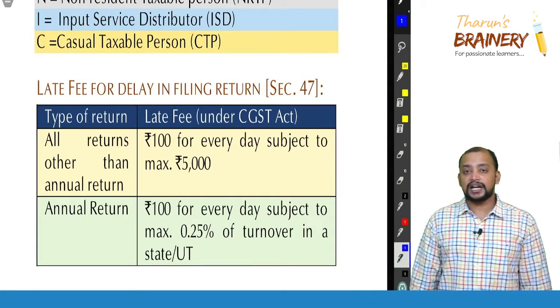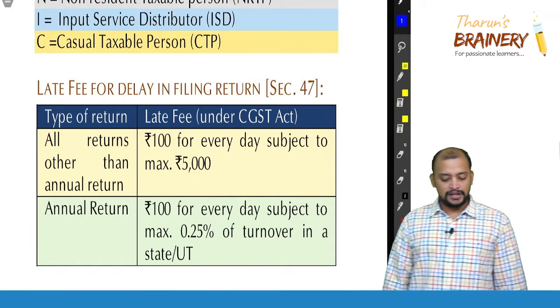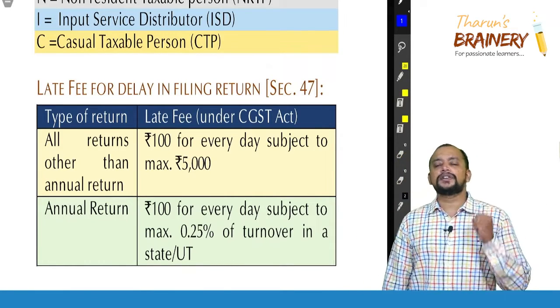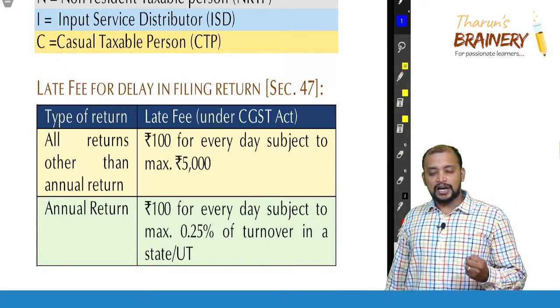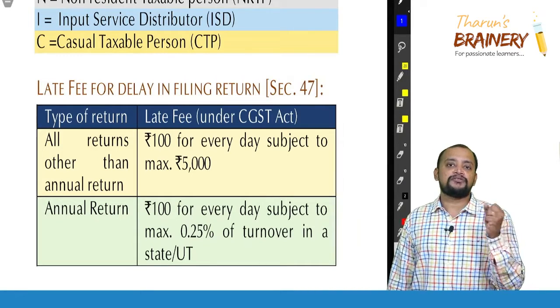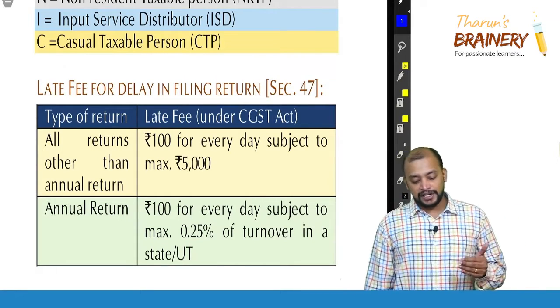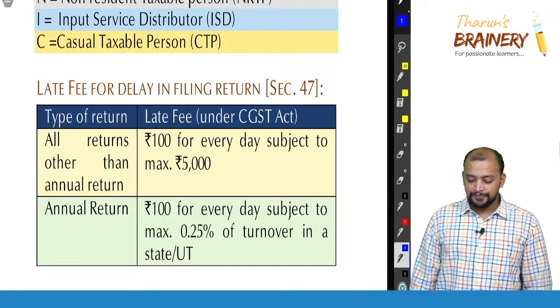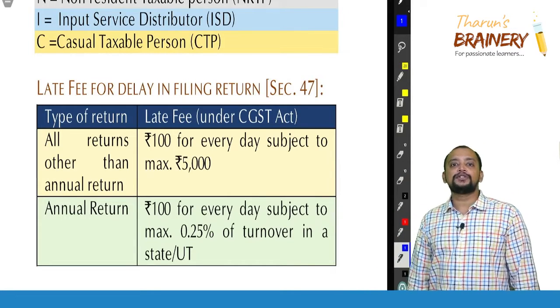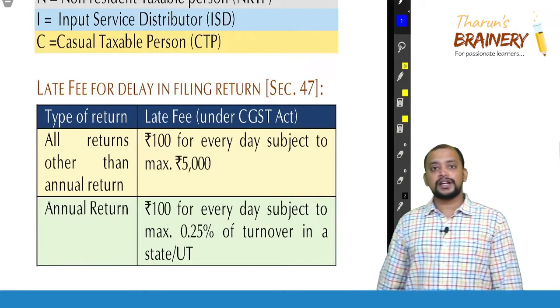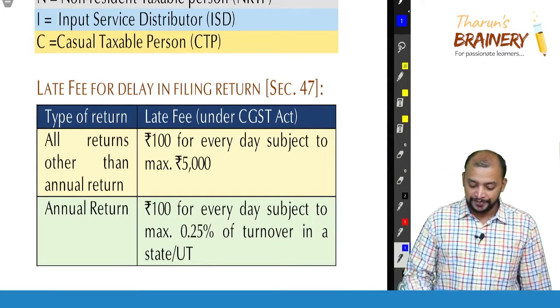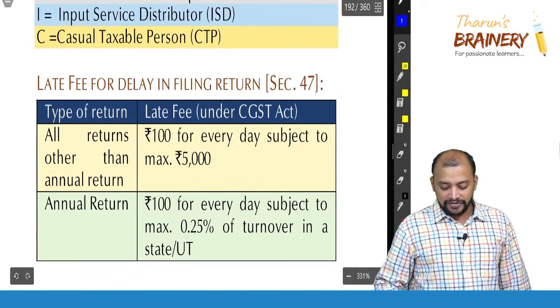So that will be taken as the late fee. Clear? So all returns other than annual return, 100 rupees per day subject to a maximum of 5,000. If it is annual return, 100 rupees per day subject to a maximum of 0.25% of the turnover in a state or union territory. So this is the late fee here.